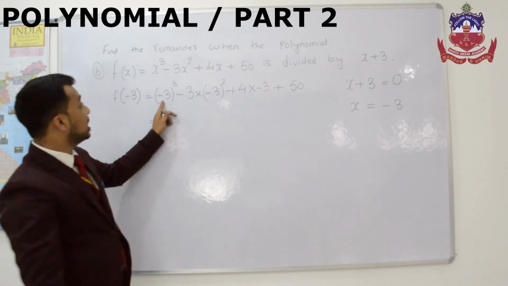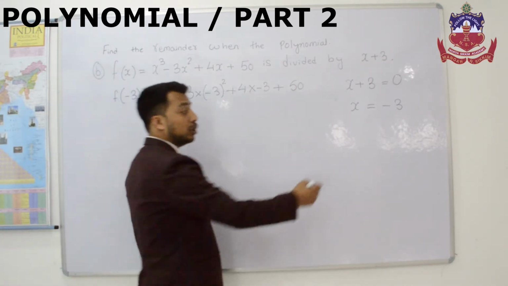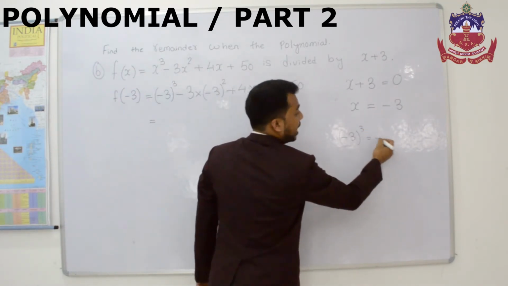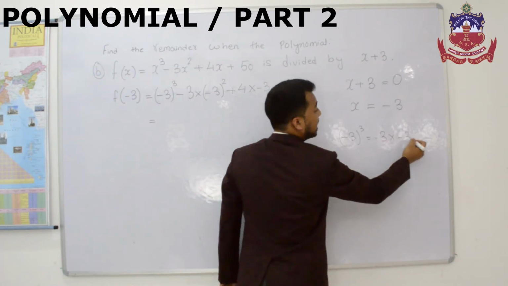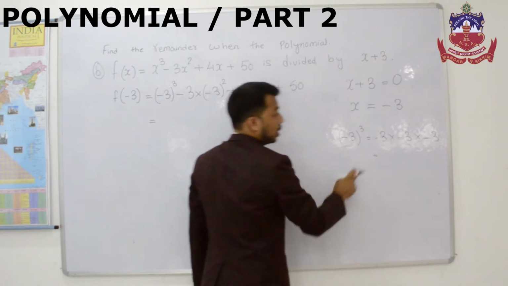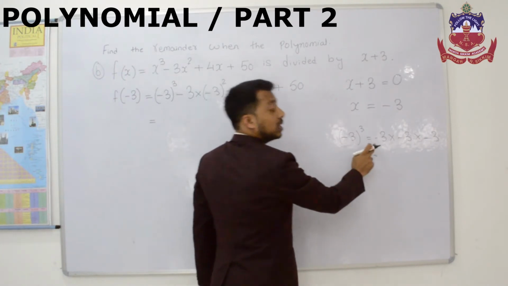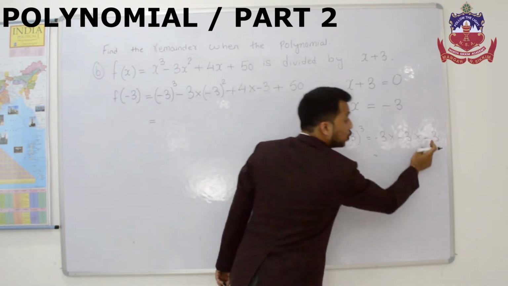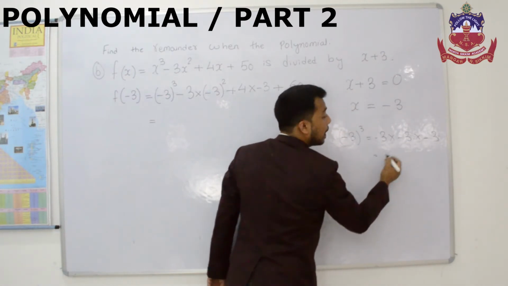It is saying minus 3 to the power 3. Minus 3 to the power 3 means minus 3 has to be multiplied 3 times. So first we multiply the signs. Minus into minus will give us plus, plus into the last sign, that is minus, will give us minus.